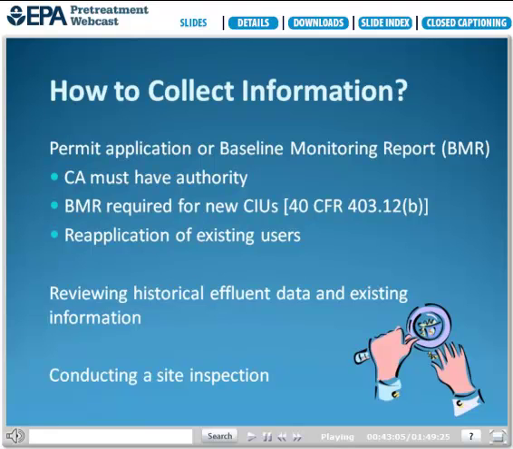The federal pretreatment regulations do not specifically require a permit application to be used. However, there is a special classification of industries called categorical industrial users, CIUs, that must submit a baseline monitoring report that looks an awful lot like a permit application if you really get down to it. And we do discuss baseline monitoring reports, or BMRs, in more detail in the Pretreatment 101 webinar, Overview of Pretreatment Standards.